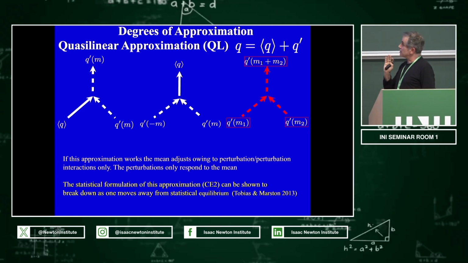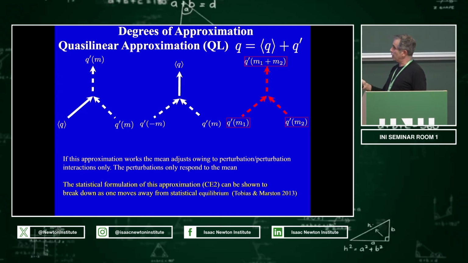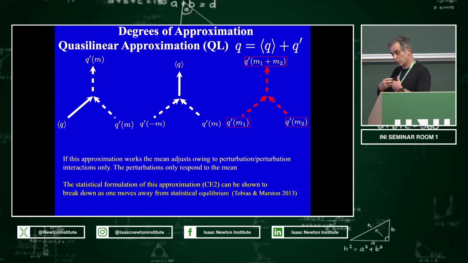So one of the things a few years ago we decided to do was just extend this definition of the quasi-linear approximation. We just generalize it. Instead of talking about formal means and fluctuations, we'll generalize it to something which has large scales and small scales. So this range of scales idea, and we're going to treat them on a different footing.